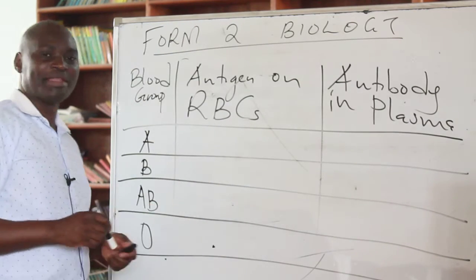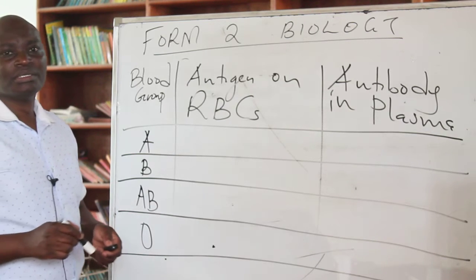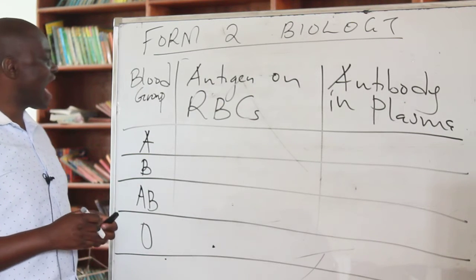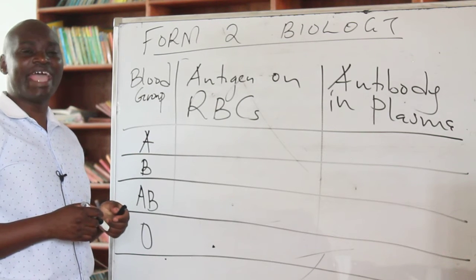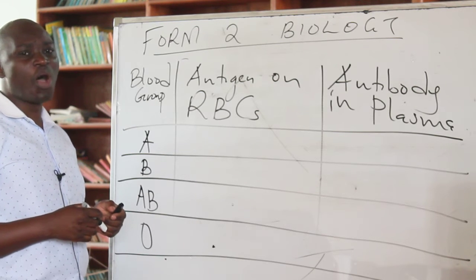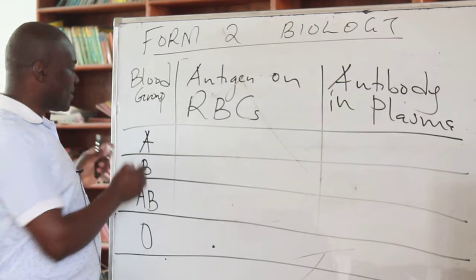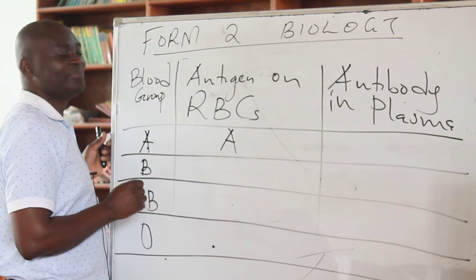Now, one. We have said we have antigen. We have two types of antigen, antigen A and antigen B. Therefore, a person with blood group A has antigen A on the red blood cell.